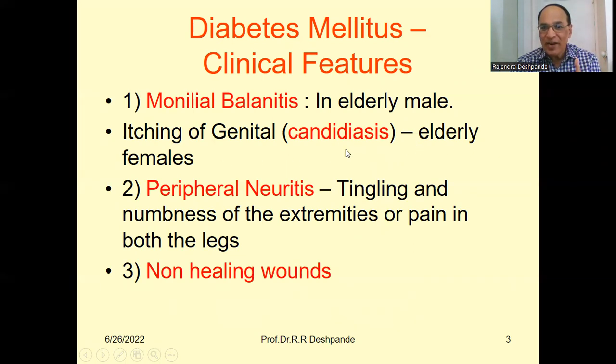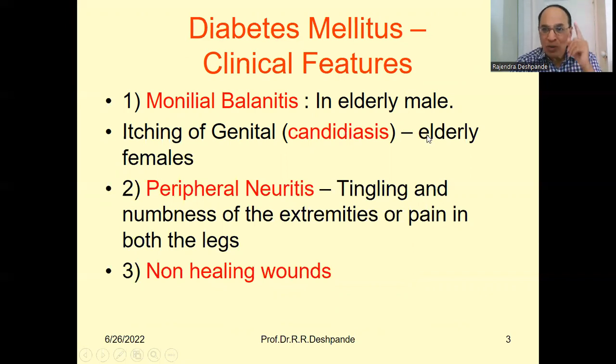In the male, on the glans penis, if you get a red color and a little itching, then this is monilial balanitis.